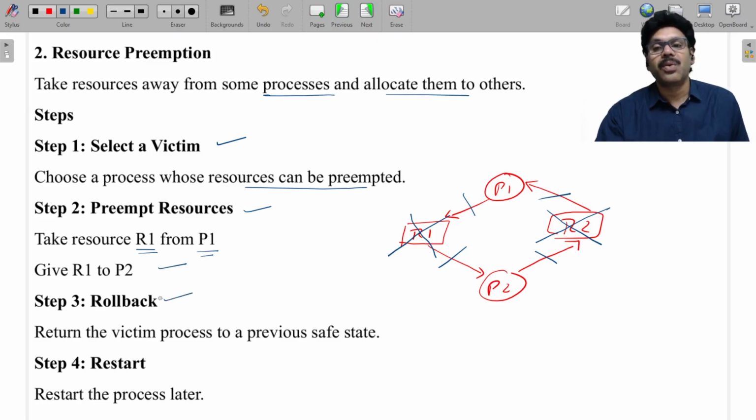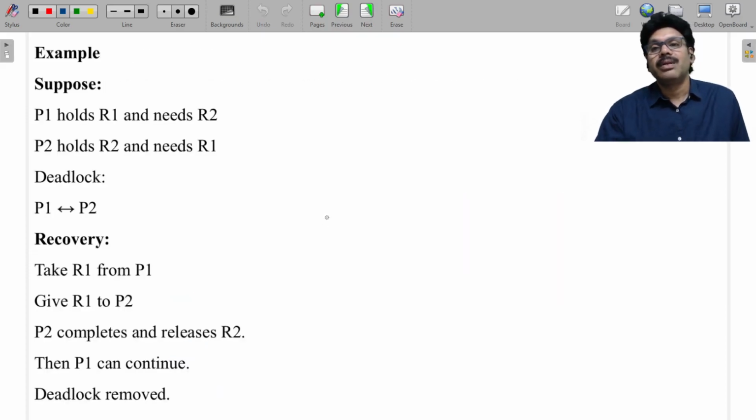And step 3 is rollback. Return the victim process to a previous safe state and restart the process later. For example, P1 holds resource R1 and needs R2.